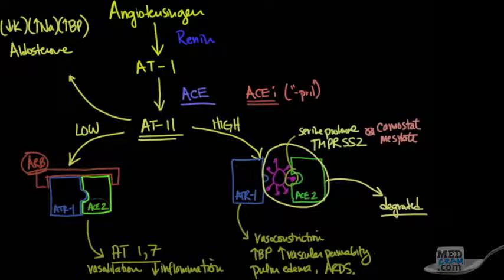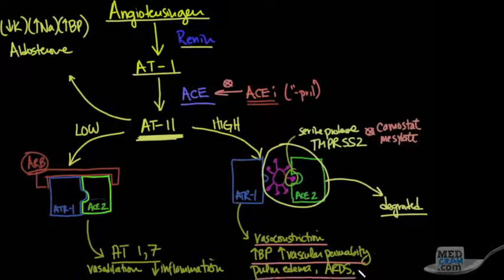So let's review quickly. We've got angiotensinogen being converted to angiotensin 1 by renin. Angiotensin 1 is converted to angiotensin 2 by an ACE enzyme. ACE inhibitors can prevent that from happening. If you have too much angiotensin 2, then what can happen is the angiotensin receptor dissociates from ACE2 and gets activated to cause vasoconstriction, increased blood pressure, permeability, pulmonary edema, and ARDS.